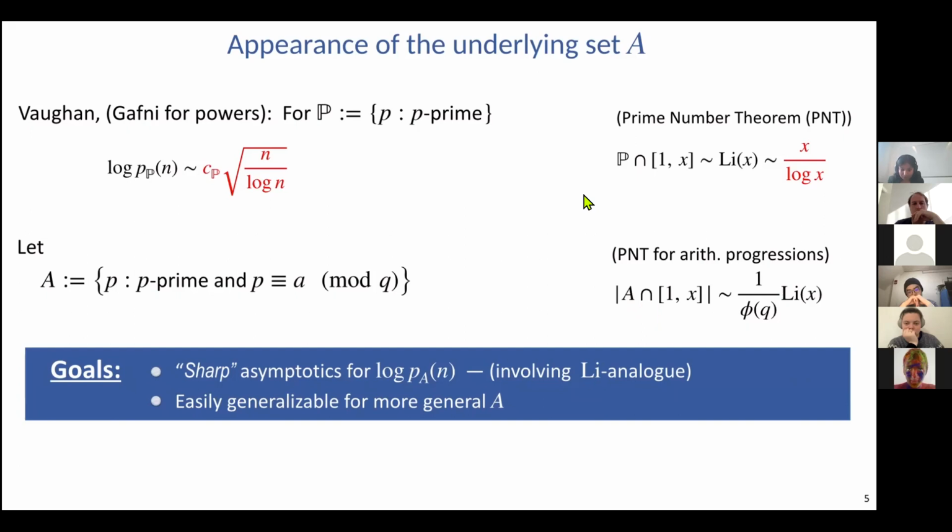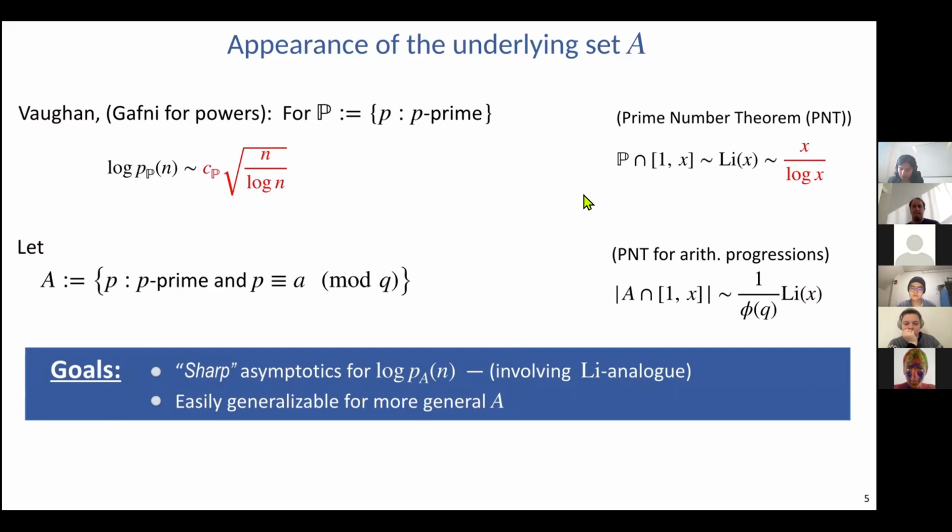So we expect that inside the square root, instead of having just n over log n, we should have n over log n times 1 over φ(q). This is the expectation, right? However, what we want to bring in is this logarithmic integral, a slightly better asymptotic, so that our error terms are sharper. So that's one goal.